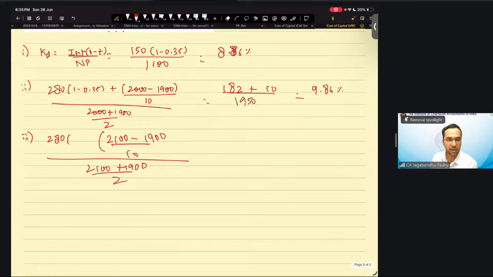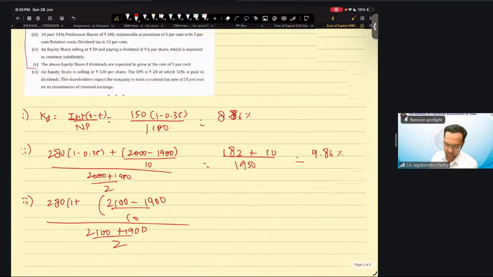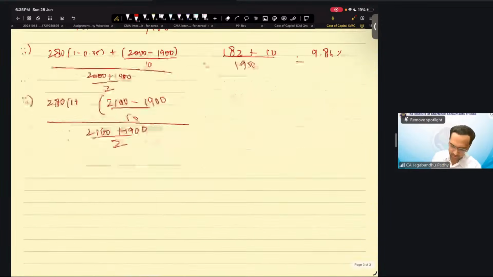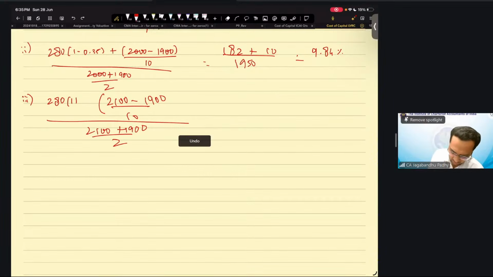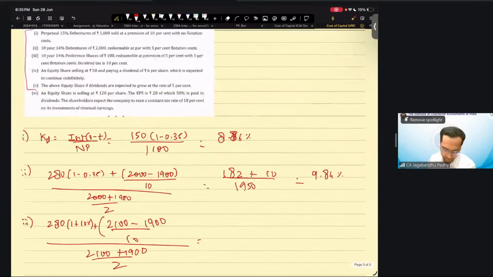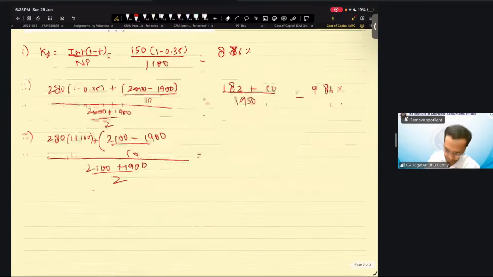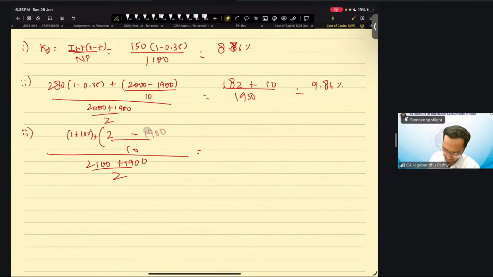So when it comes to dividend tax, it is going to be 1 plus dividend tax is 10%. So it's going to be 1 plus 10%. Face value is 100. Okay, face value is 100. Then these numbers are going to change.